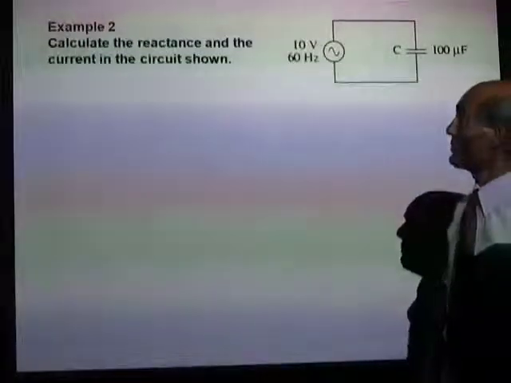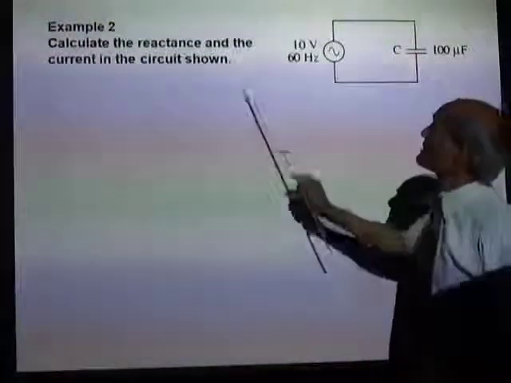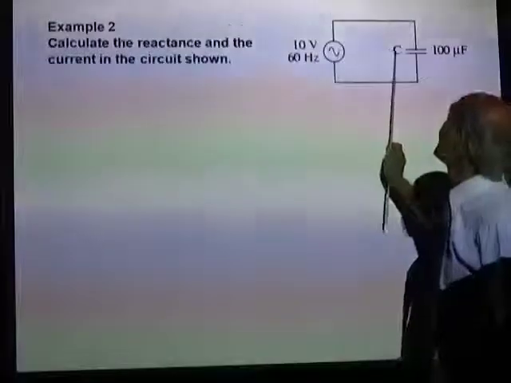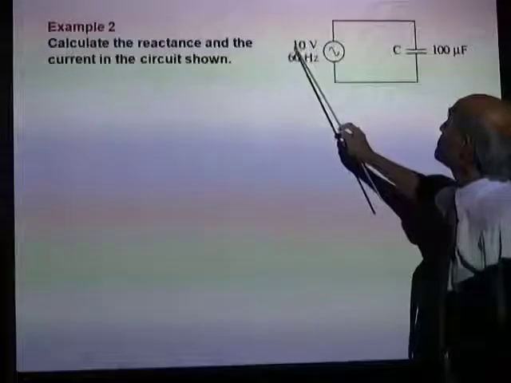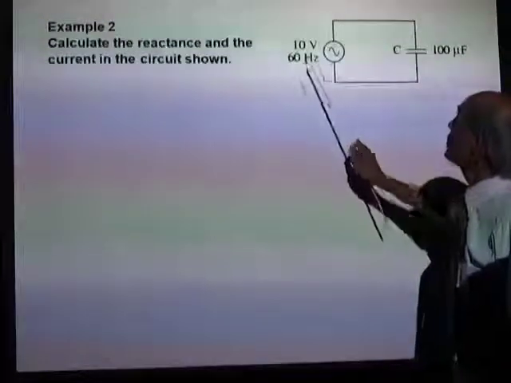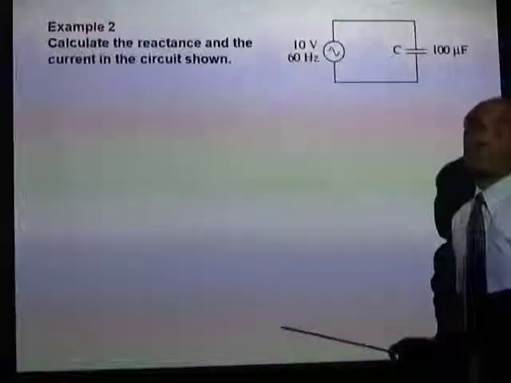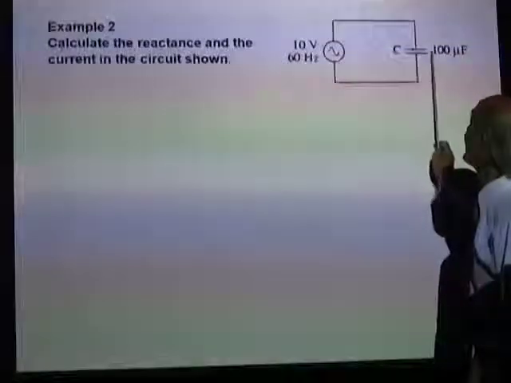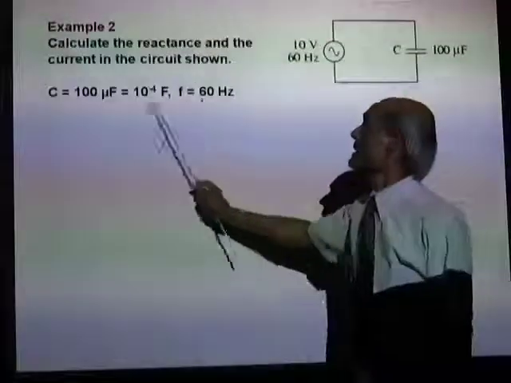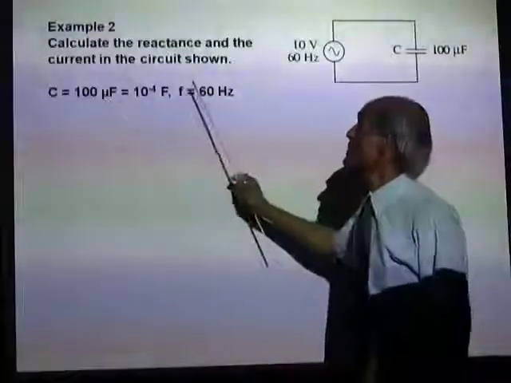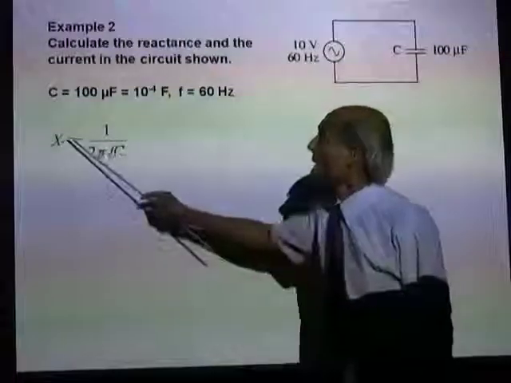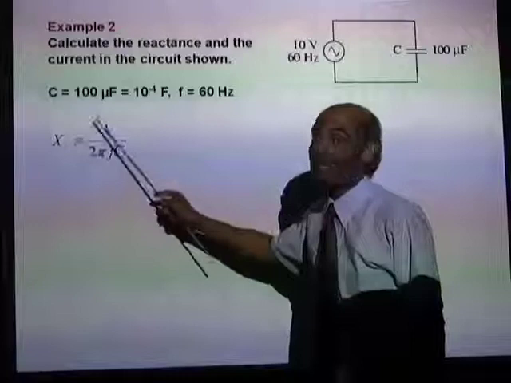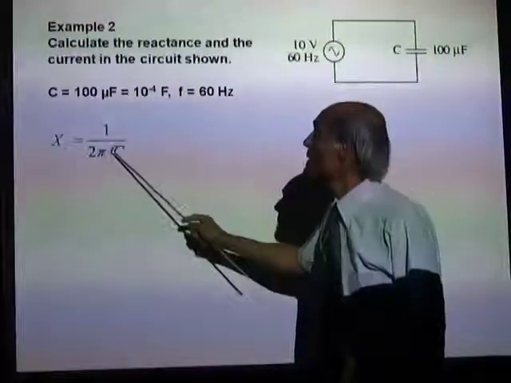Let's do another example. Calculate the reactance and the current in the circuit shown. Here we have an alternating current source which produces a 10 volt EMF at a frequency of 60 Hz connected to a 100 microfarad capacitor. So we have the capacitance and the frequency, therefore the capacitive reactance X sub C is 1 over 2 pi fC.